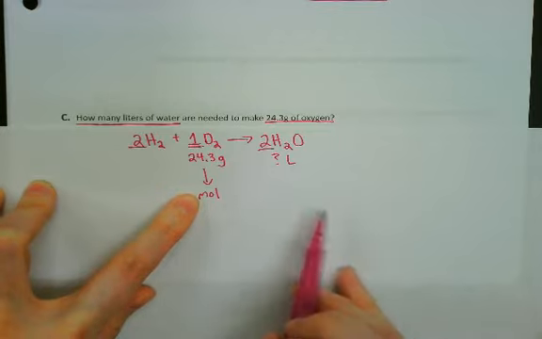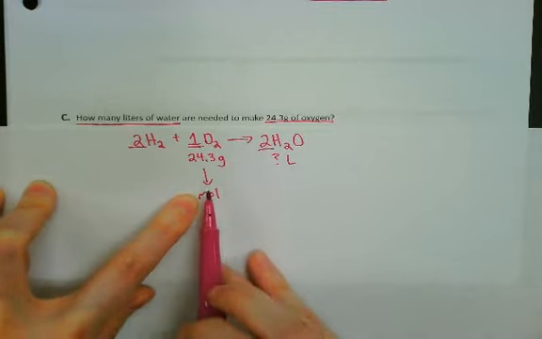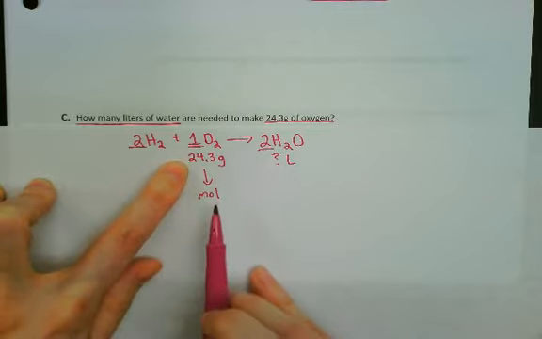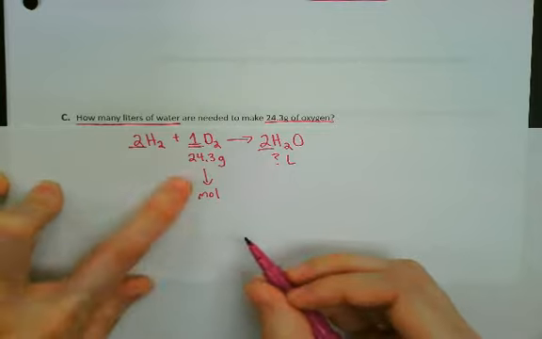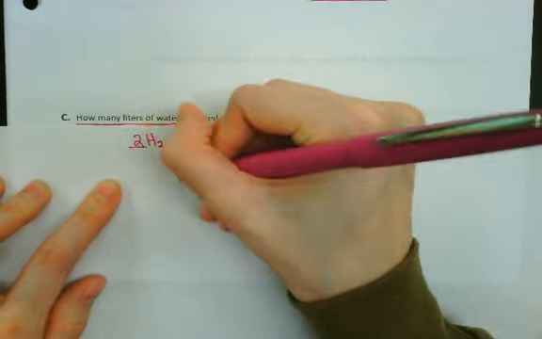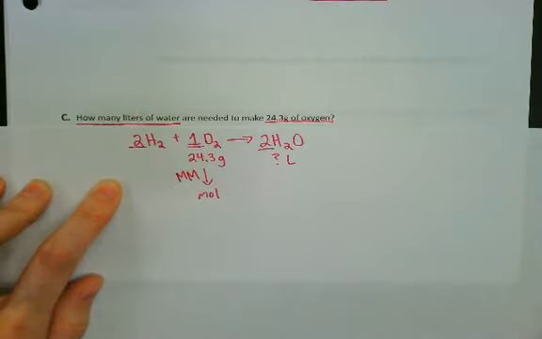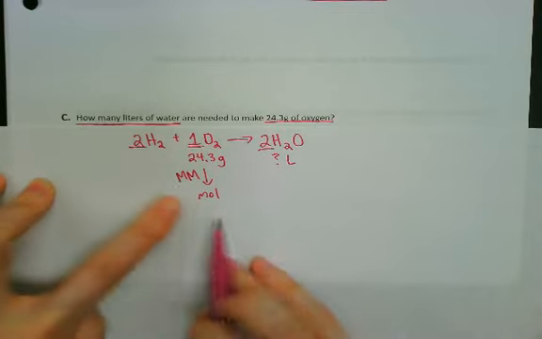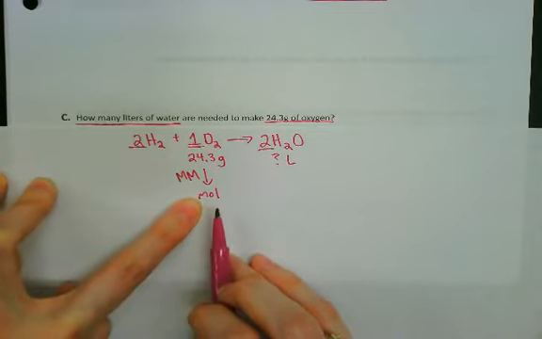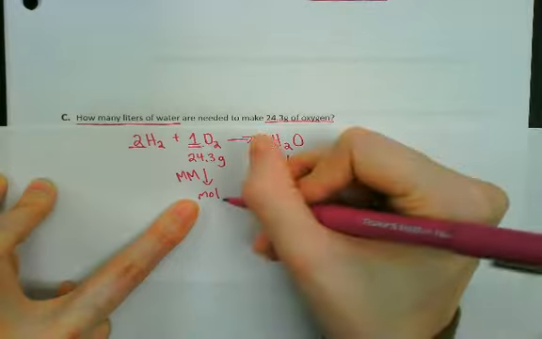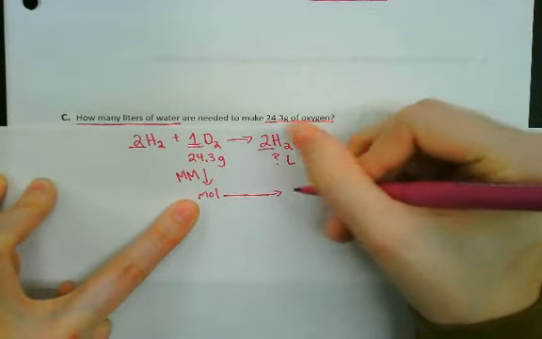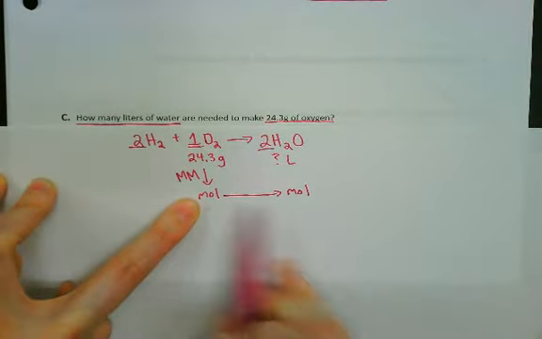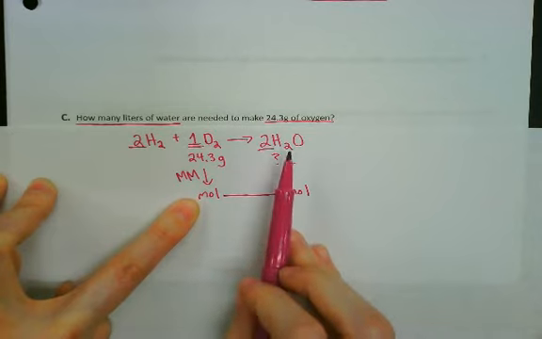We can make ourselves a mole bridge, but we have to be in moles first. So I'm going to convert grams to moles, and hopefully y'all remember that you can use molar mass to convert from grams to moles, or moles to grams. Once we are in moles of oxygen, now we can make a mole bridge, and we can get to moles of H2O.